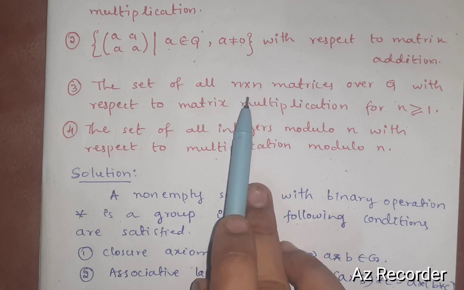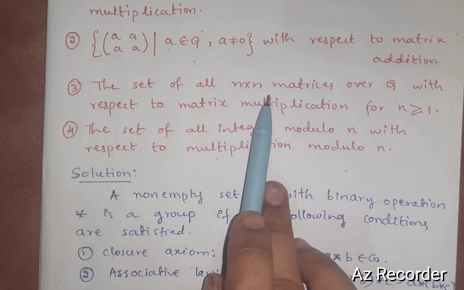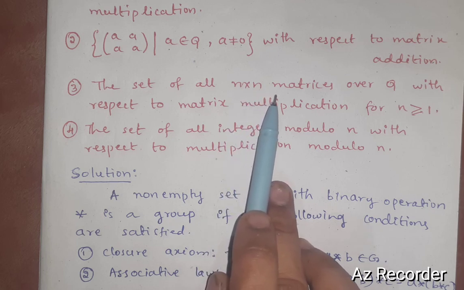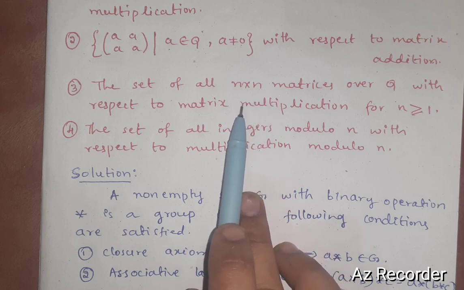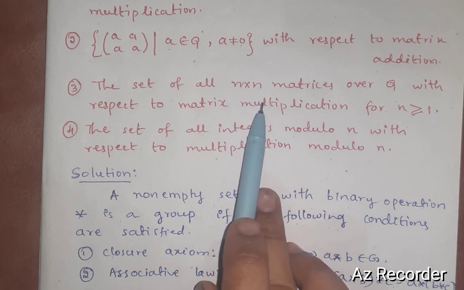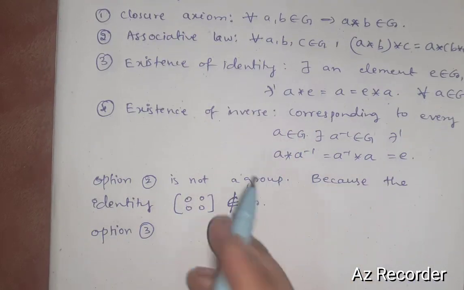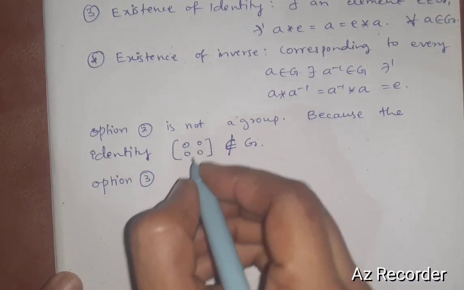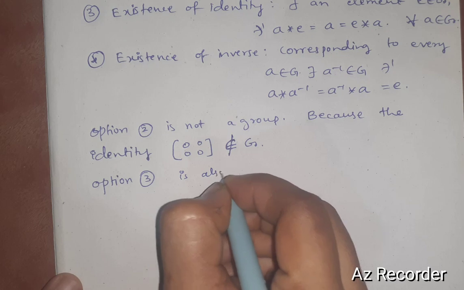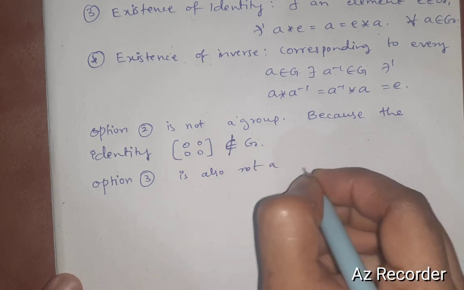Singular matrices have determinant 0, so they do not have an inverse. So this set fails to be a group. Option 3 is also not a group.